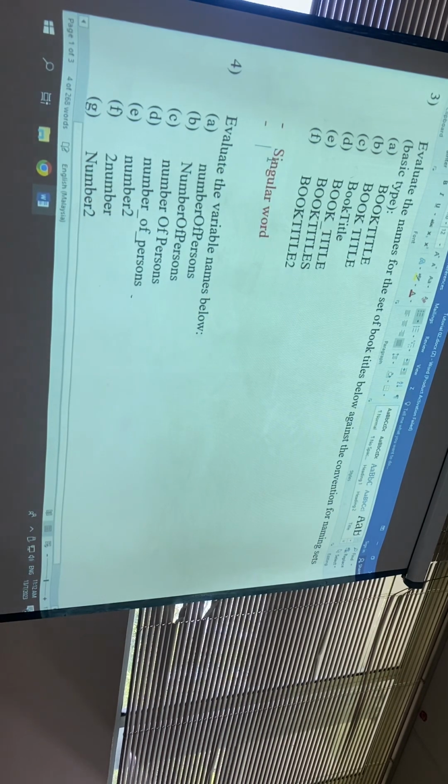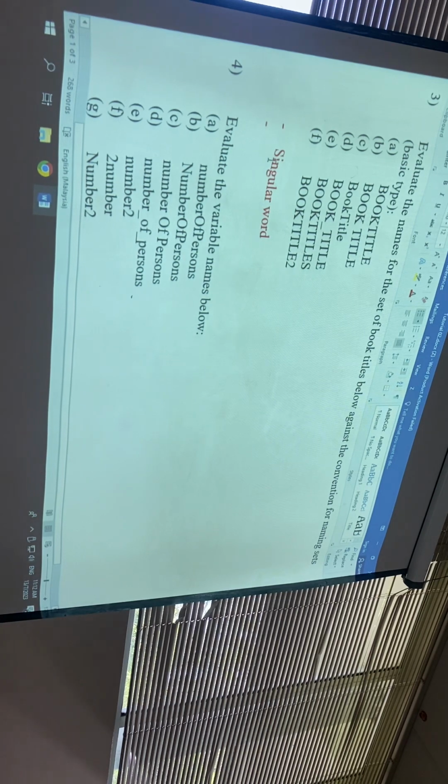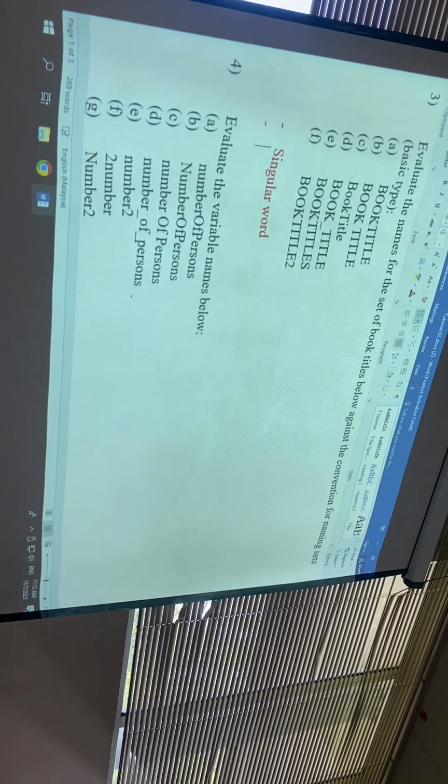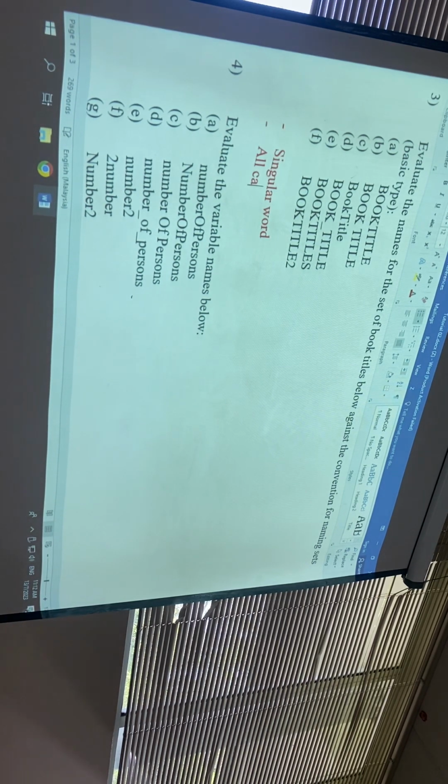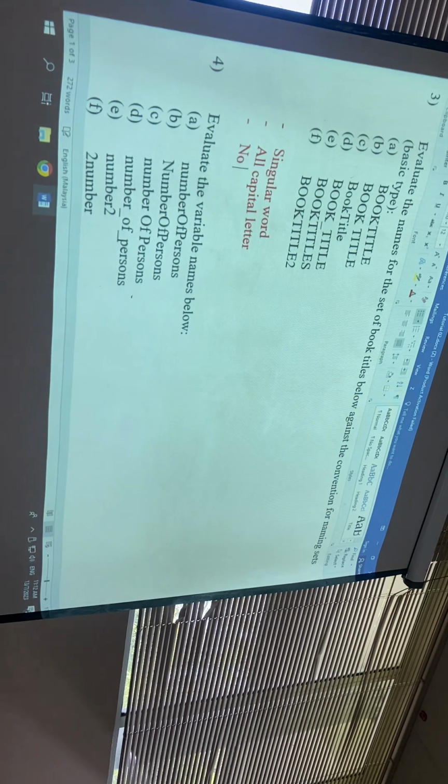Then all capital letters. No digit. No underscore symbol.